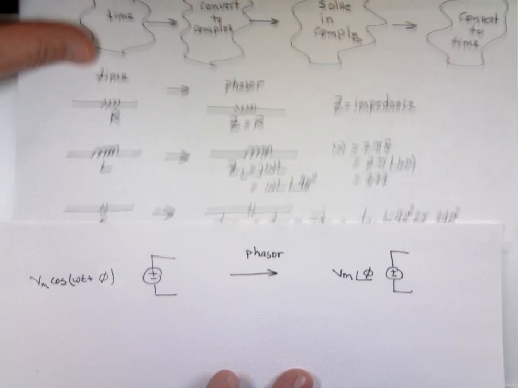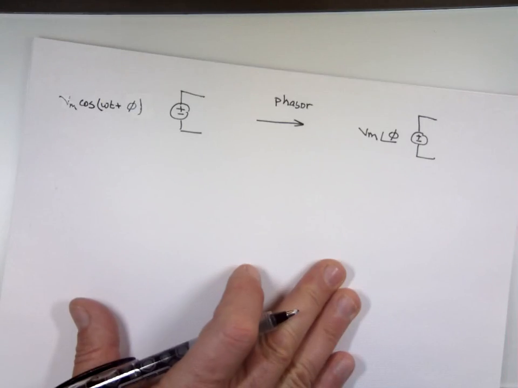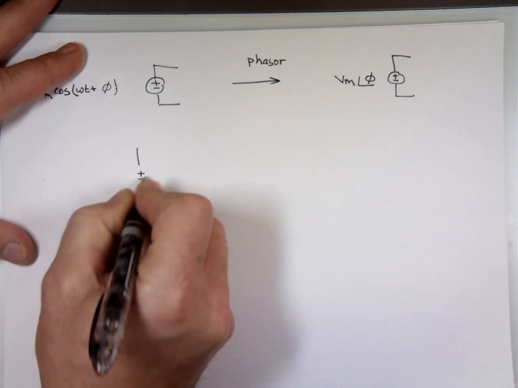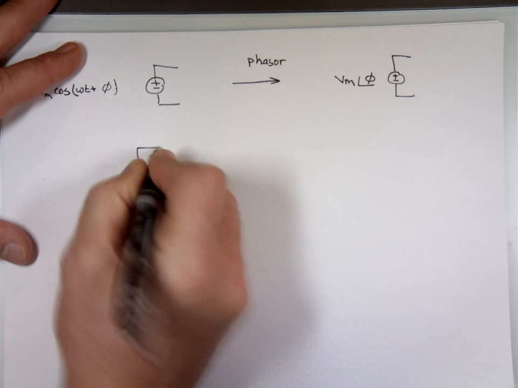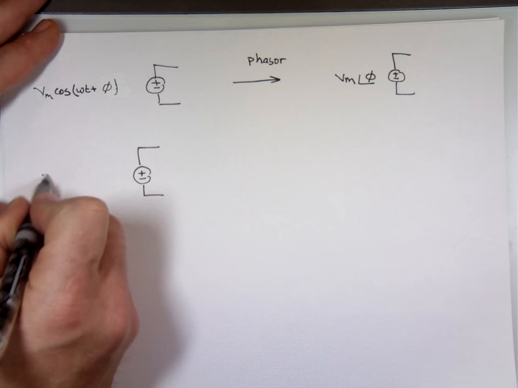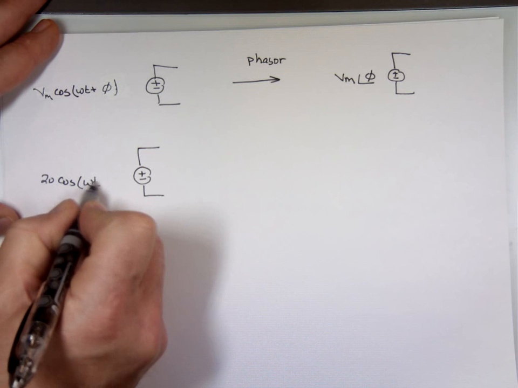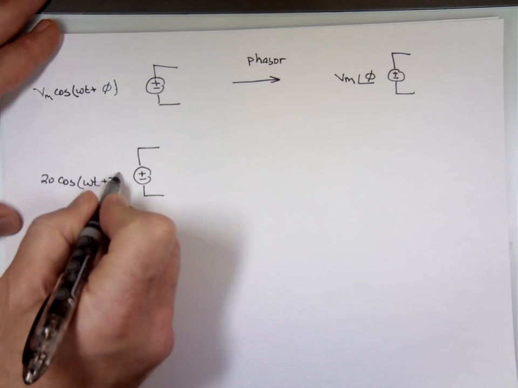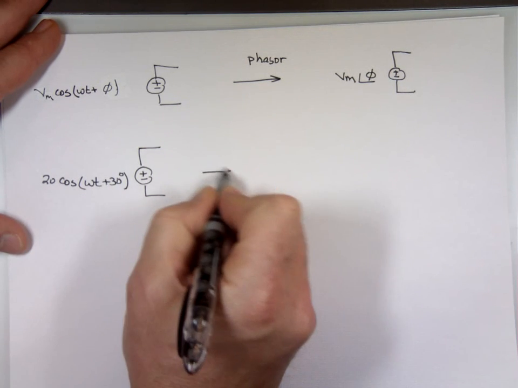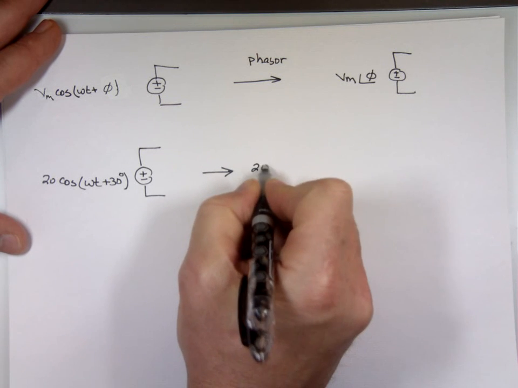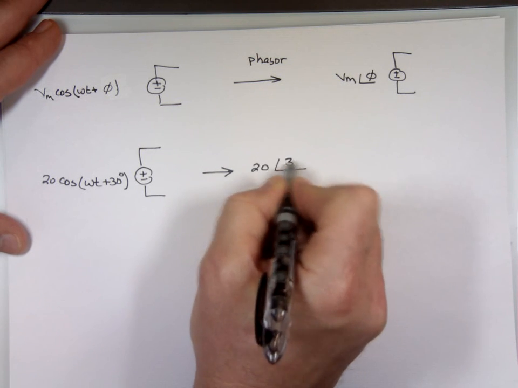So if I have a voltage source of 20 cosine omega t, let's say plus 30 degrees, when I switch that to phasor, that'll be what? 20 angle 30 degrees.